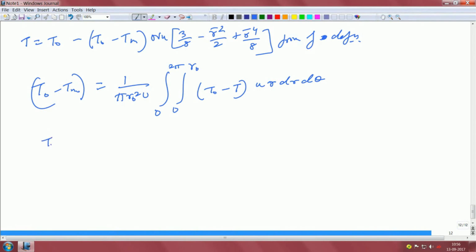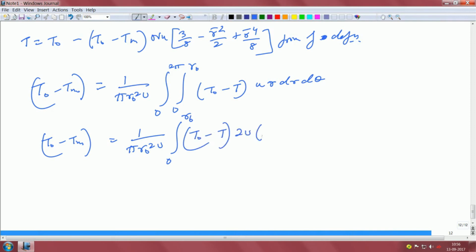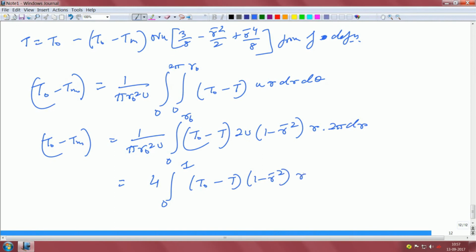So T naught minus Tm, if you put the terms within the bracket, means you can integrate this in a better way: 2u into 1 minus r bar square, r into 2 pi dr, right? That is the equation. So this will give you 4 into the integral from 0 to 1 of T naught minus T, times 1 minus r bar square, r bar dr bar, right? That is the expression that you will get.